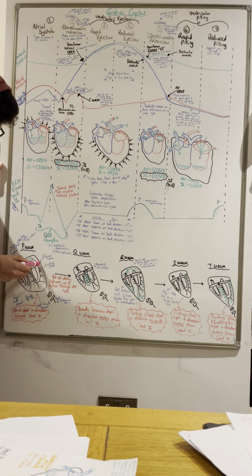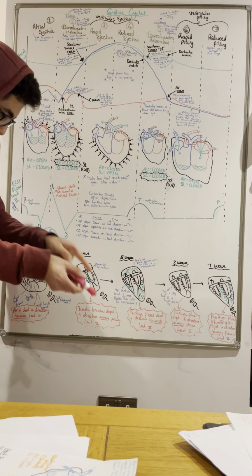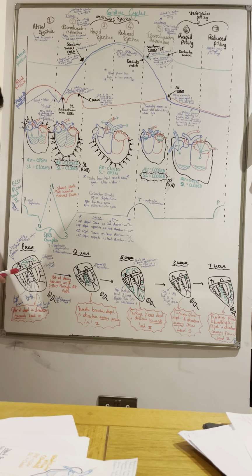It can't pass this line here, because that's the fibrous tissue. Depolarization can't pass that, which is why it stops. We'll touch upon that in the next picture in the Q wave. But basically, depolarization towards lead 2 causes our little P wave spike, or not a spike, a curve.